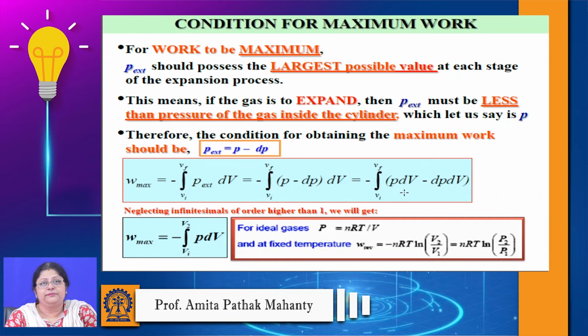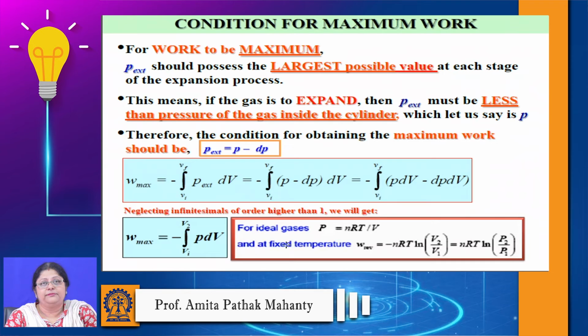So what we come down to is that the maximum work is equal to the integration of P, this is the gas pressure, not the P external, the gas pressure, into dV, integrated from the initial volume to the final volume with a negative sign.